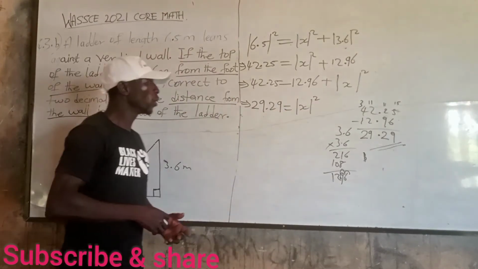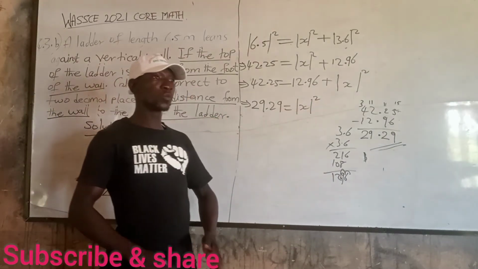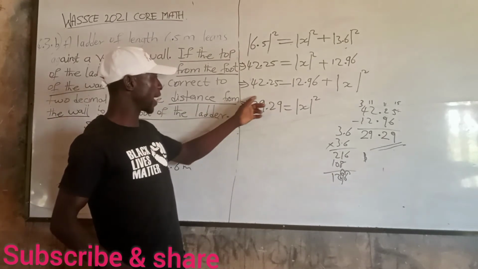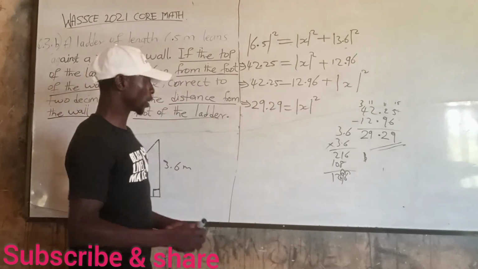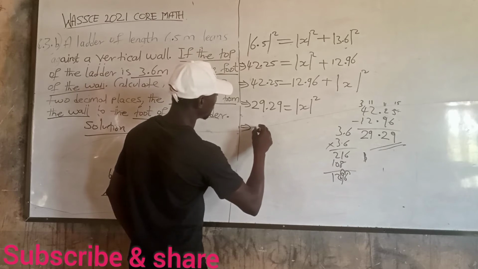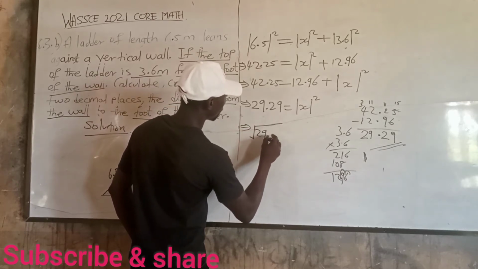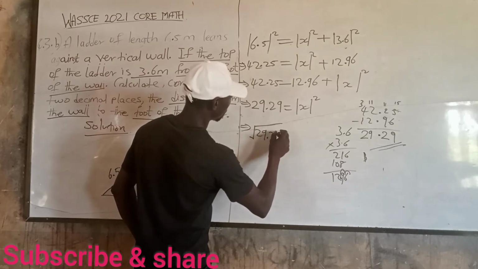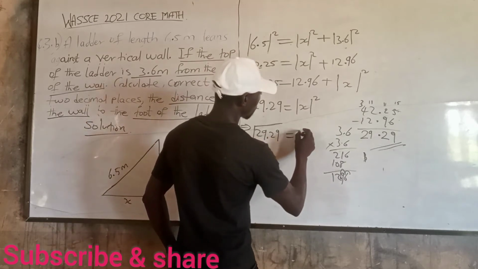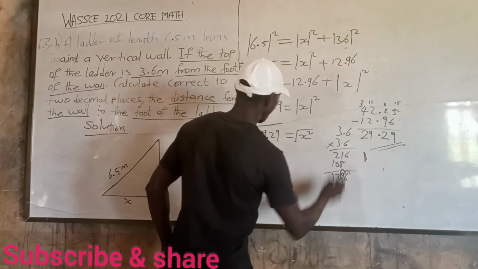We are finding x, but not x squared. So we introduce square root on both sides. We introduce square root here and then square root here. So this implies that root 29.29 equals root x squared.